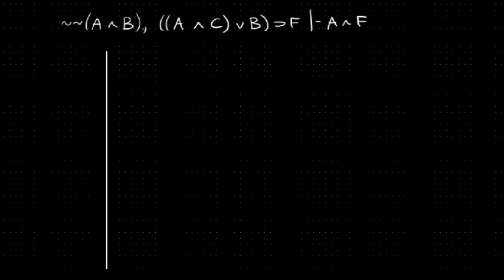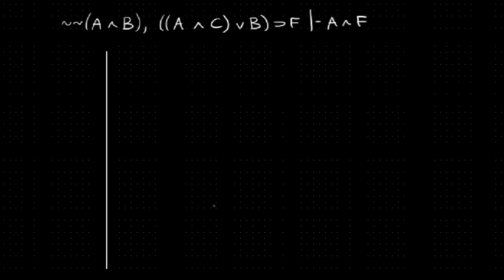We've got two formulas, not A and B, and A and C or B, then F, and from that we need to deduce A and F. So this statement says that A and F can be derived from these two formulas, and in proving this sequence, what we're going to do is construct a proof that shows that A and F are derivable from these formulas.